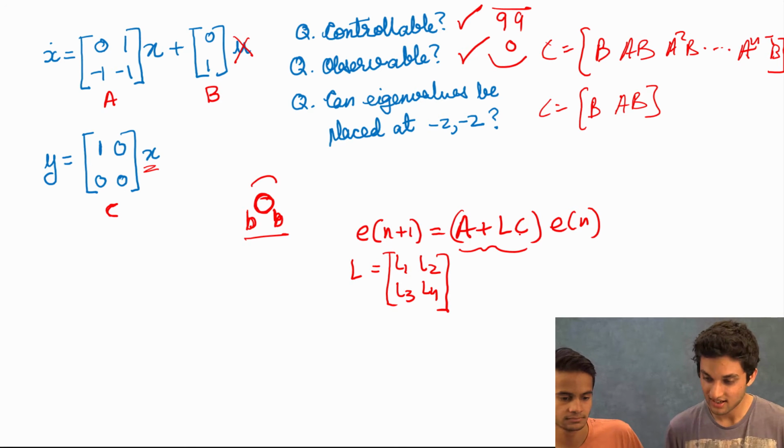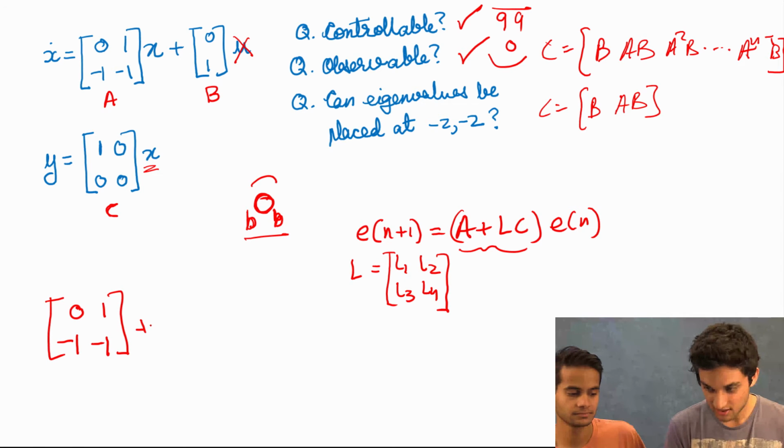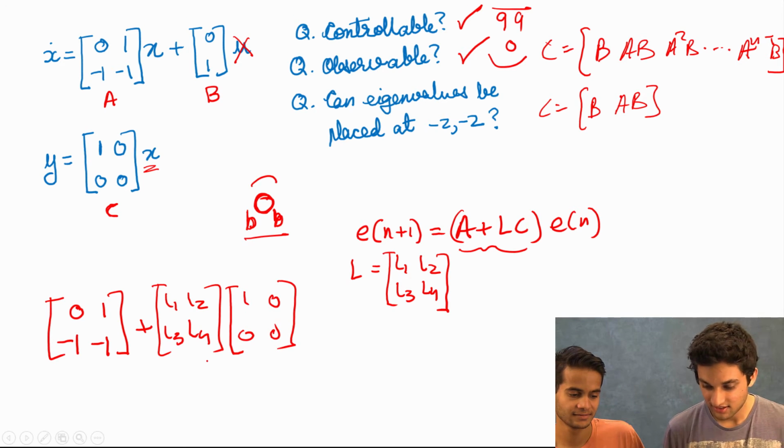Cool. So this whole mess is 0, 1, minus 1, minus 1, plus L1, L2, L3, L4. Don't worry, our C matrix is pretty friendly: 1, 0, 0, 0. Do you want to do it? It's all you, buddy.